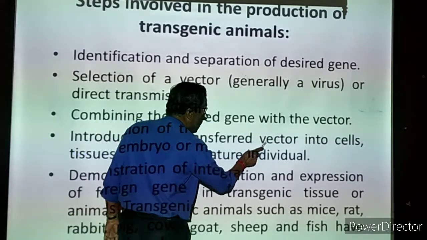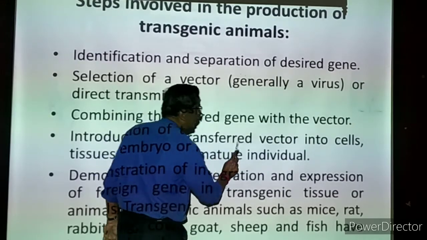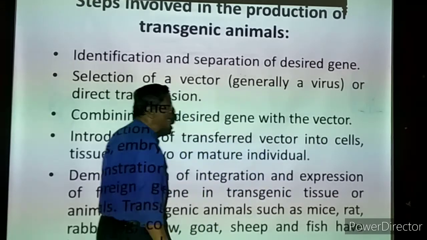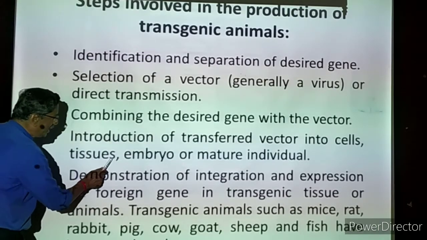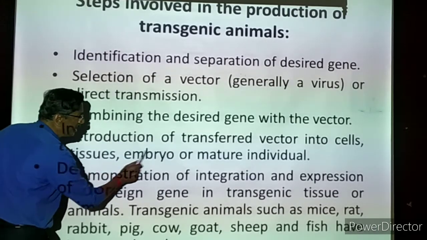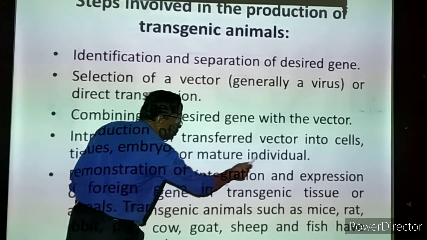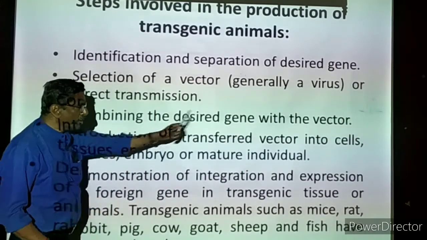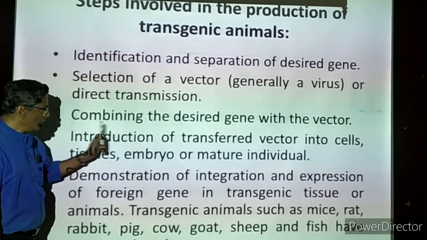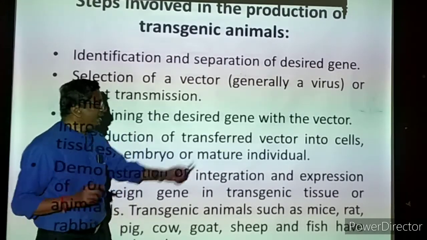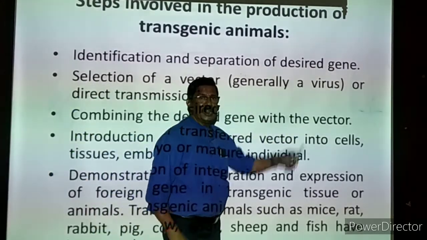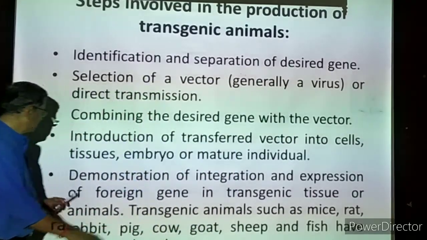Once the vector is connected with the desired gene, it should be transferred into the cell of the other animal. Or it can be entered into tissues, or into the embryo, or a matured individual, anywhere. Into the body cells, tissues, embryo or matured animal, the vector with the desired gene should be introduced.